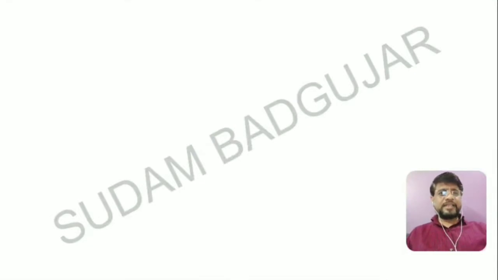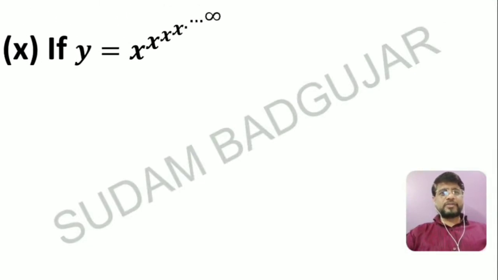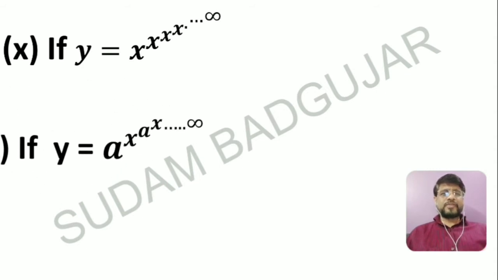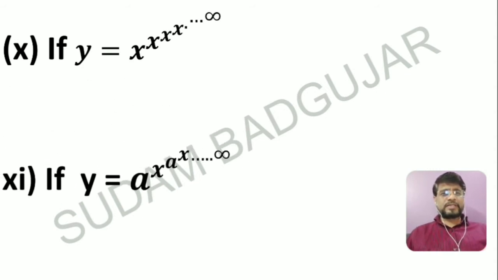And another series is, if y is equal to x raised to x raised to x up to infinity. Here you have to observe this: variable raised to variable raised to variable up to infinity. Or one more sum, if y is equal to a raised to x, again raised to a raised to x up to infinity, means function raised to function up to infinity.